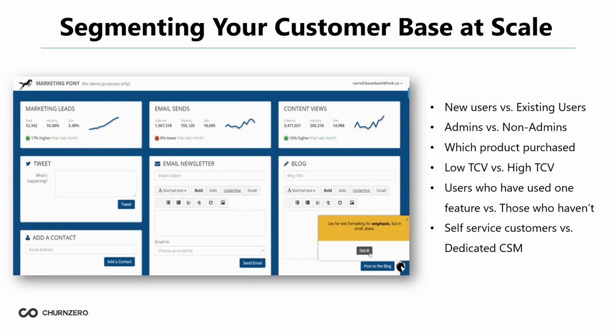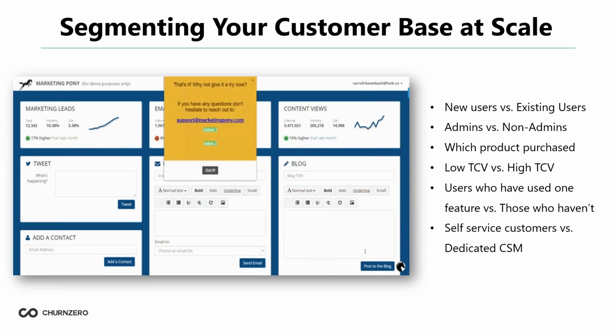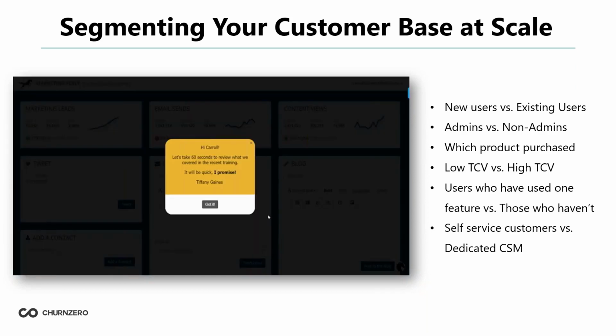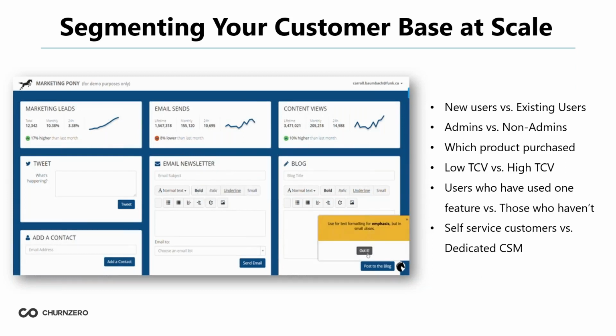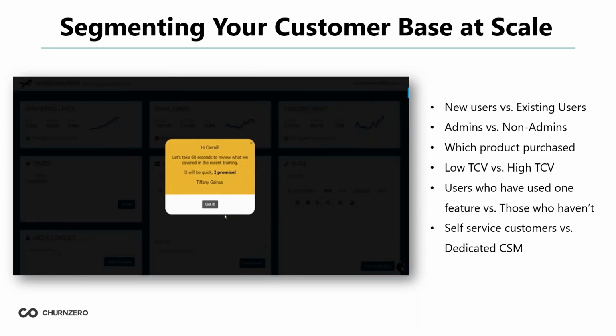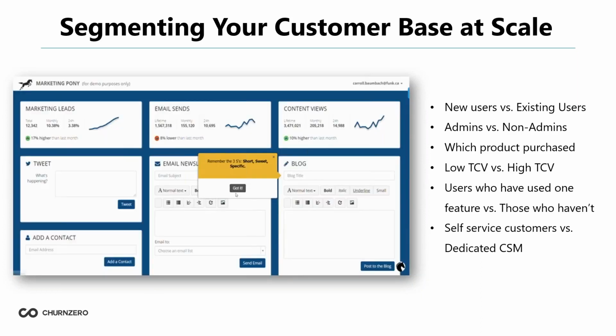I have some examples here to the right, but this is by no means the end-all be-all. Maybe I have different walkthroughs for new users versus existing users. We find a lot of success with role-based or persona-based walkthroughs. An admin might see something completely different than an end user.